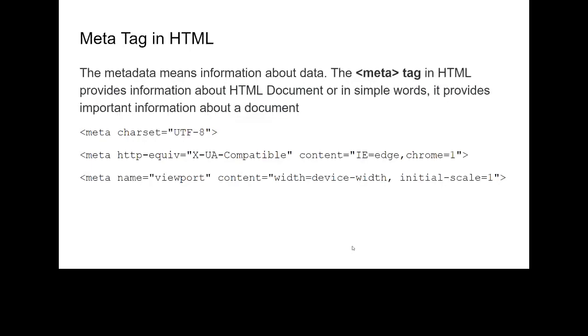It's additional information which is given to the web page. Then width, height, and initial scale are given, which helps to initialize the scale of your HTML page. So sometimes when you're writing complex code and you don't include the meta tag, it might happen that there's some defect in the alignment of your page. So it's always better to include them.